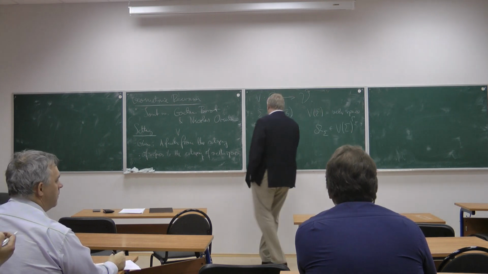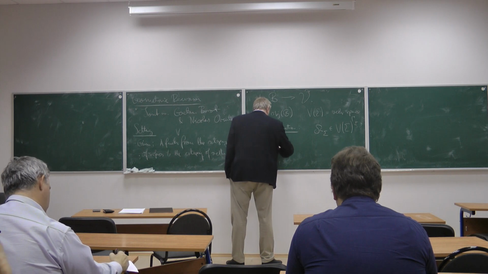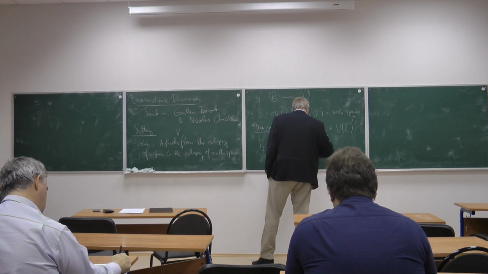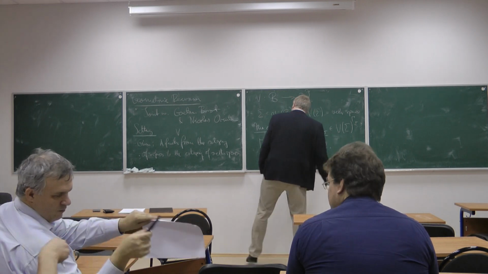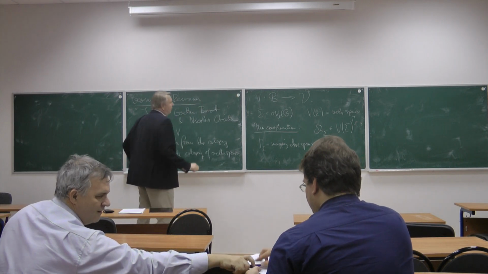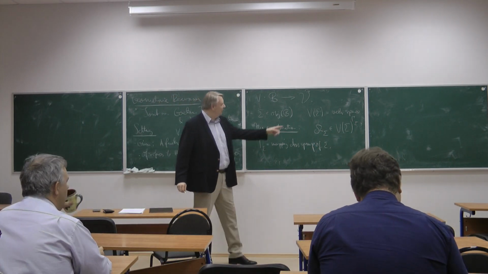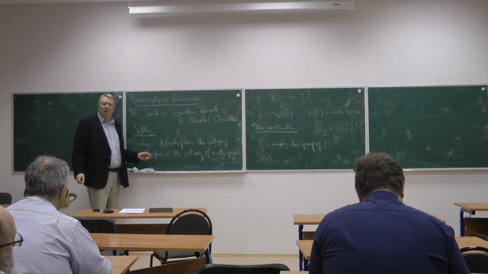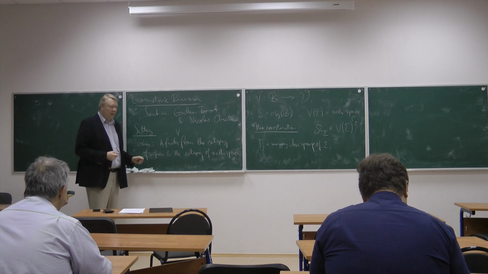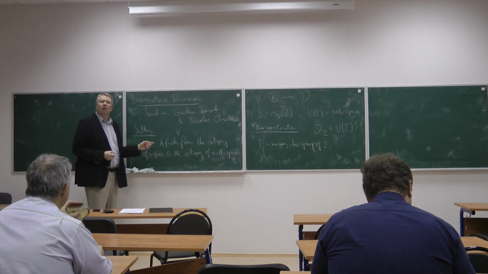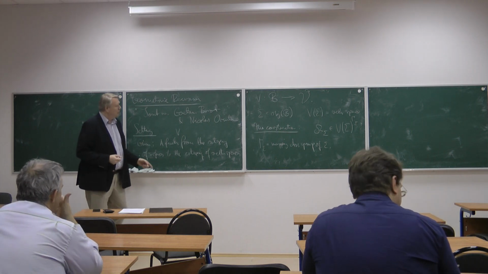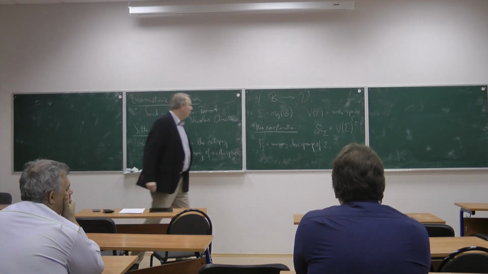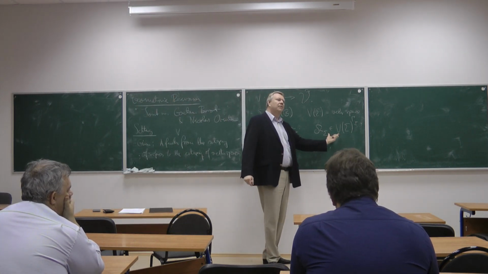So here gamma sigma, this is the mapping class group of sigma. The reason why the mapping class group acts on this vector space is because the morphisms of the category of surfaces are isotopy classes of diffeomorphisms. And so they form the mapping class group, and that's why they act on each of these vector spaces. And so I want to have a construction that gives me invariant vectors like this.